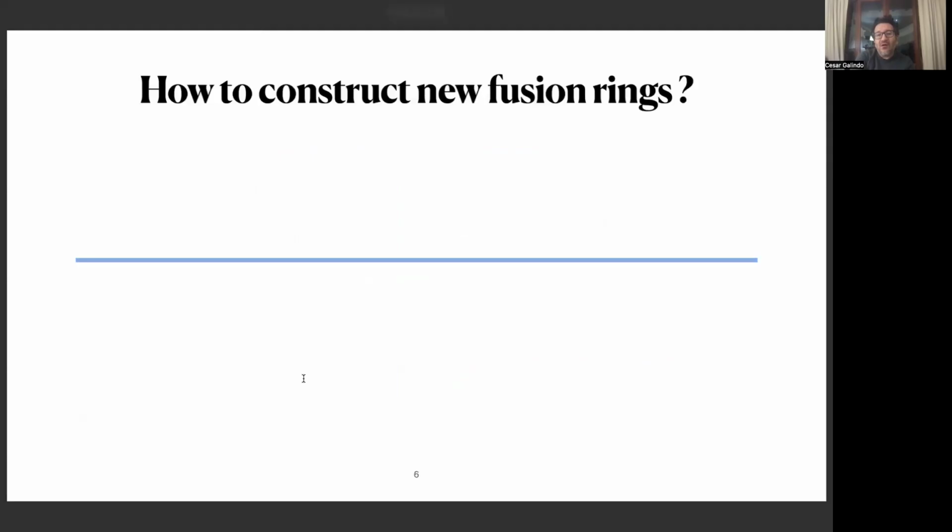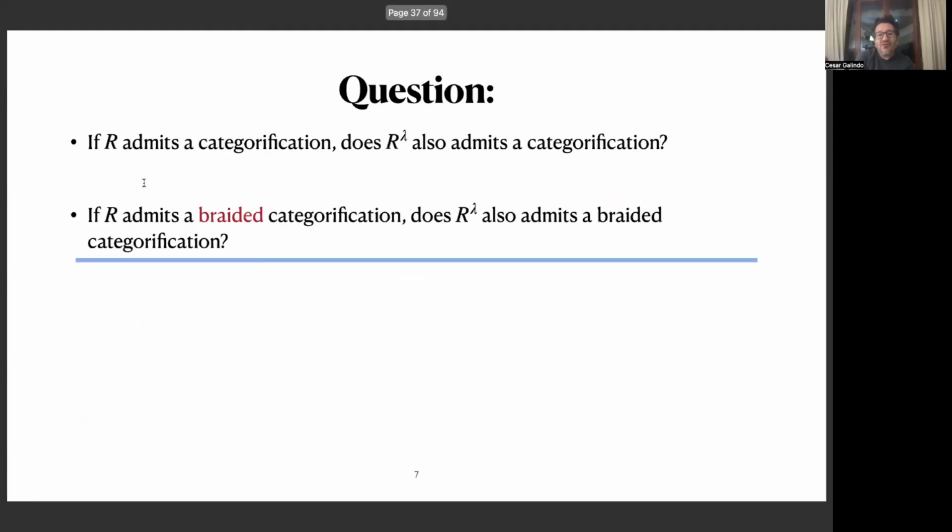So the natural question is, suppose that we have a fusion ring that came from a fusion category, then we apply this modification by a two-cocycle. And let me say that this two-cocycle really can change a lot the fusion ring.